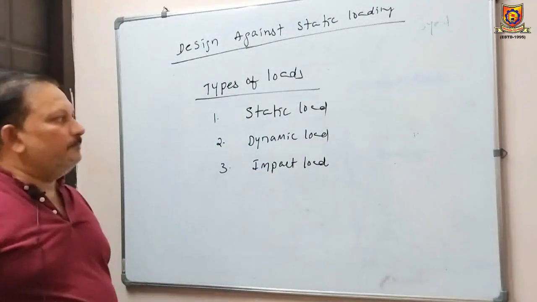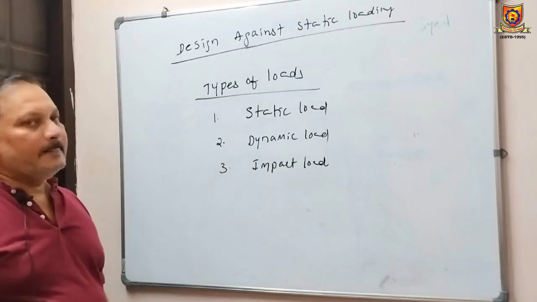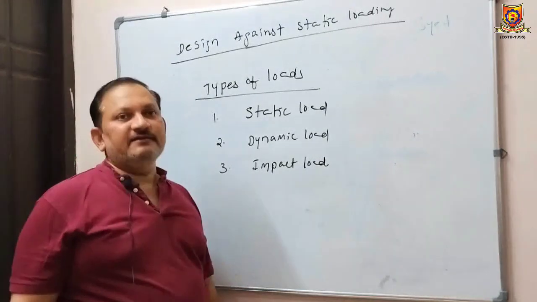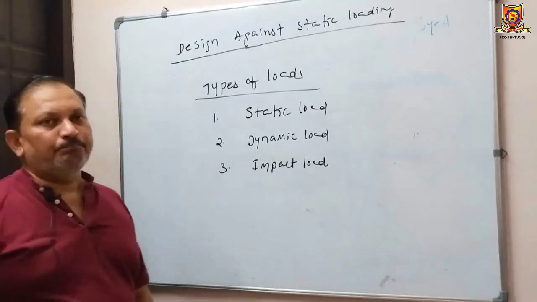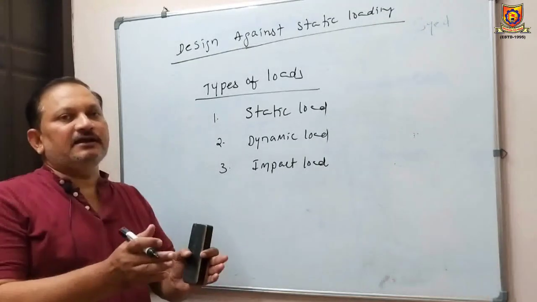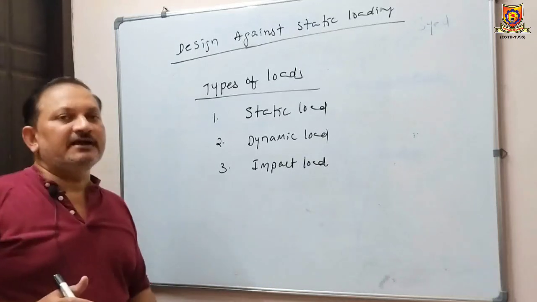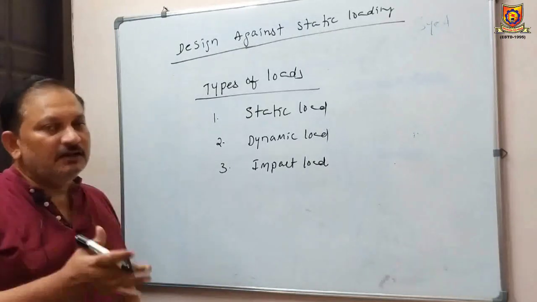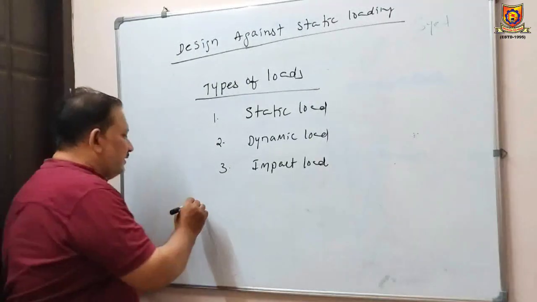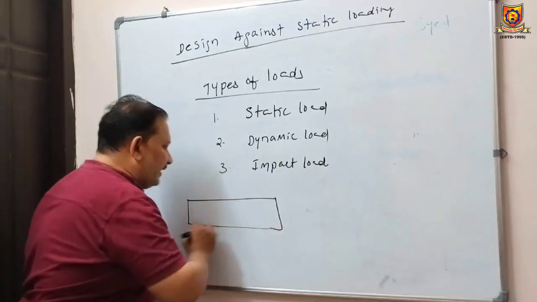What is the static load? In the static loading condition, that machine component is subjected to a constant value of the load, constant loading condition. It means that the magnitude and its direction are not going to change with respect to time.